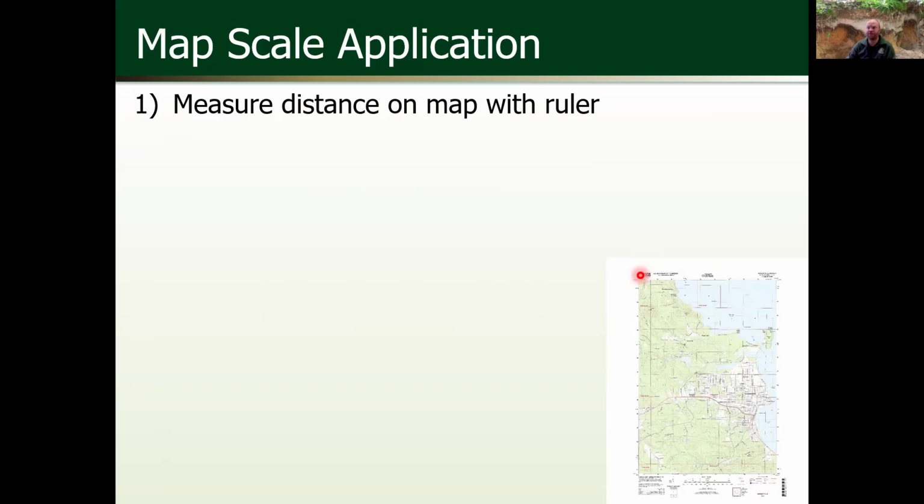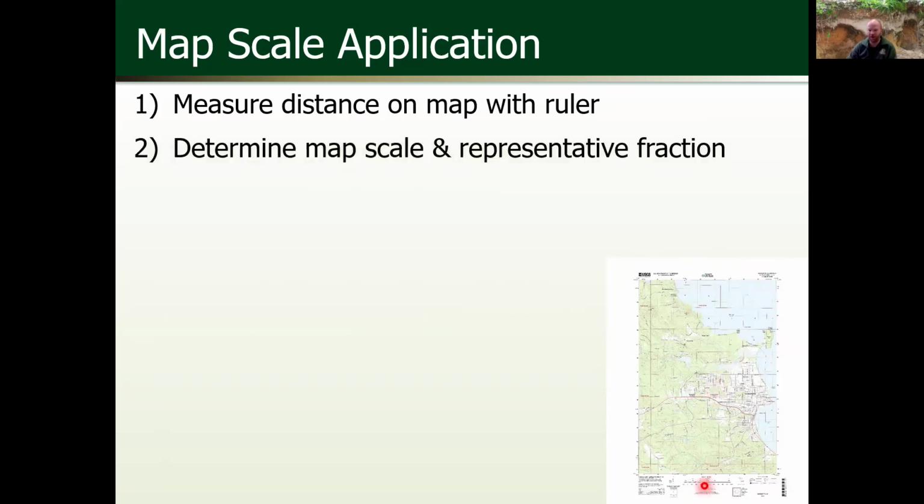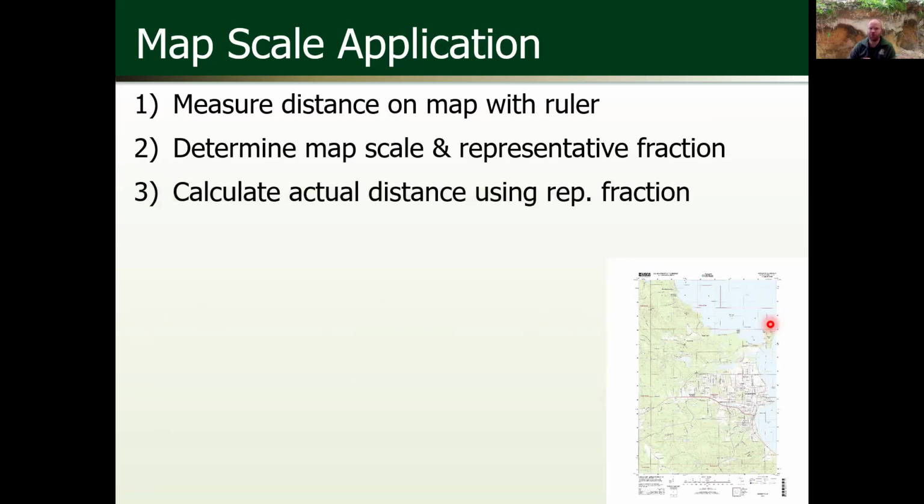It is a large scale map that represents a small geographic area with quite a bit of detail. In this case, this published map is 1 to 24,000. You would measure a distance between point A and point B on a map, and then use that representative fraction to determine how many centimeters or inches that is in real life.